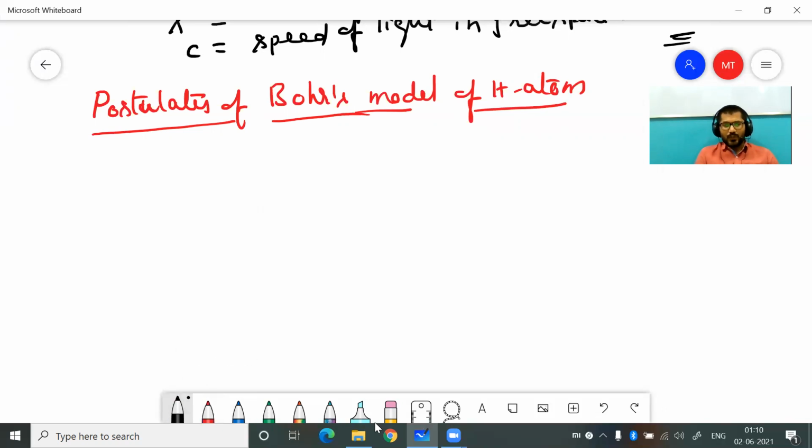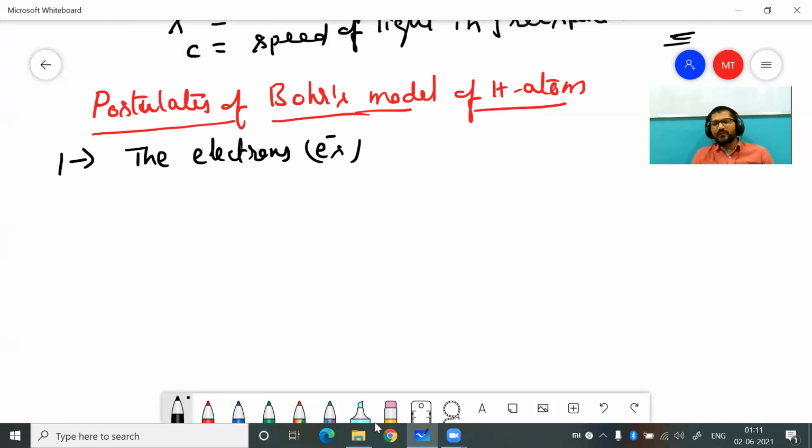In the first postulate, Bohr proposed that the electrons, hereafter we represent like this, revolve. To discuss this, you have to observe a few points in Rutherford's model and how he modified those by applying Planck's quantum theory.